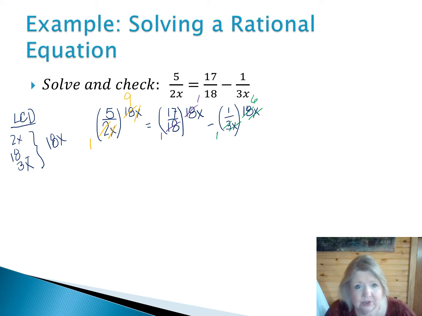So if I did this correctly, my next line will have no fractions in it. I see on the left 5 times 9. On the right, I have 17 times 1x, which is just 17x, minus 1 times 6, which is 6. So sure enough, I have no fractions left.